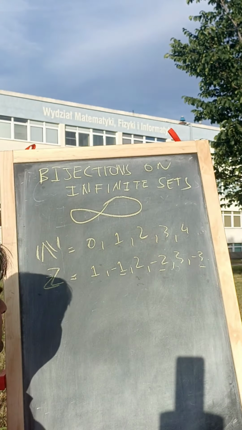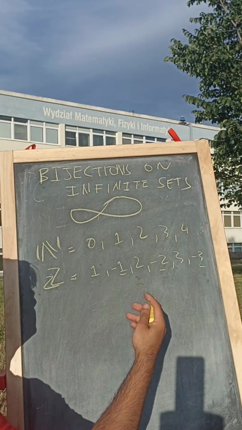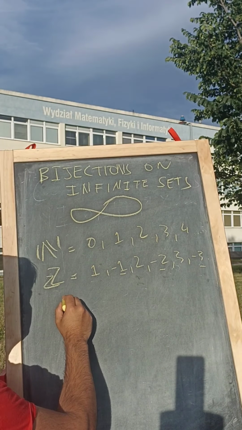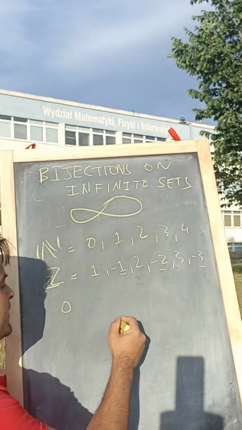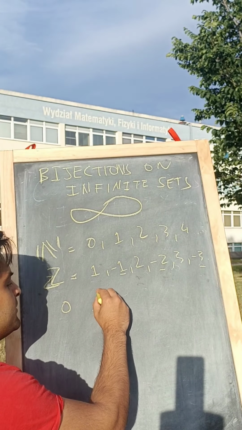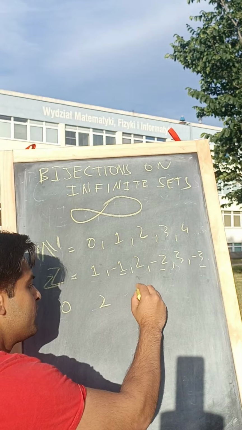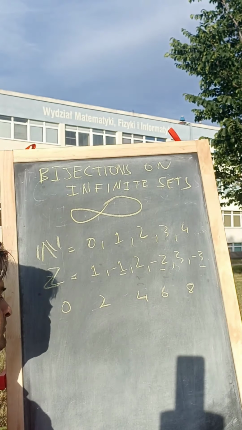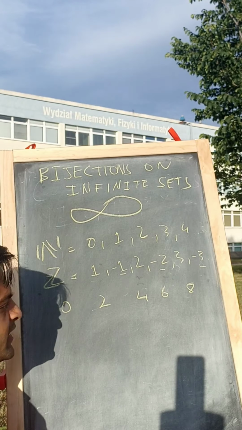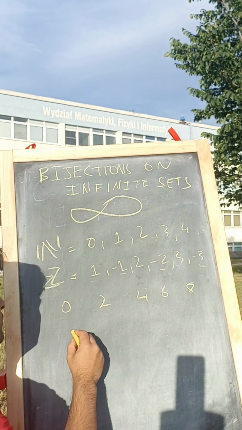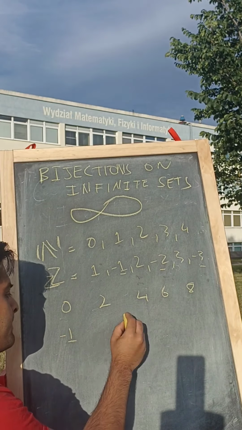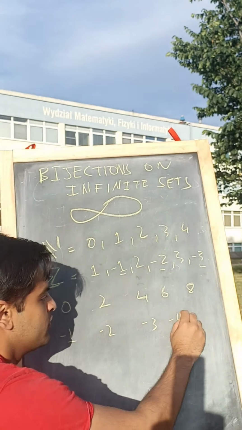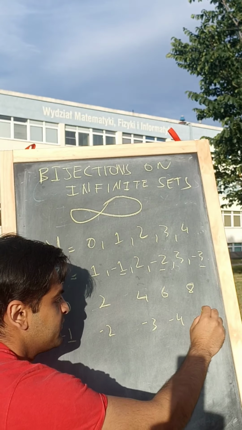Let me provide a description of this. Let's take the even natural numbers first. So we have 0. 0 is an even natural number. We have 0, 2, 4, 6, 8, right? And now let's look at the negative integers. So we have minus 1, minus 2, minus 3, minus 4, and minus 5.